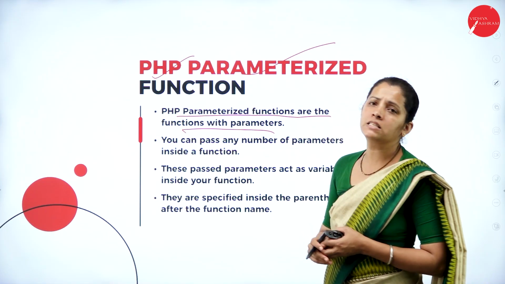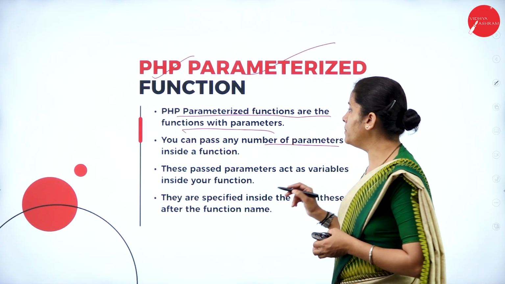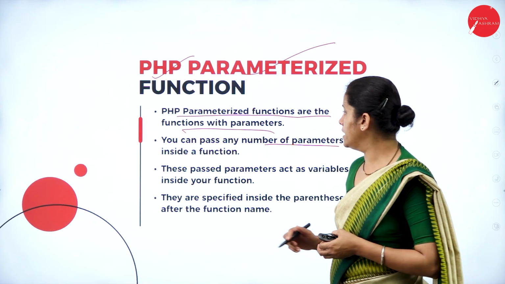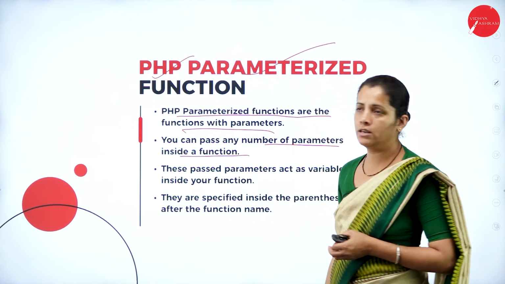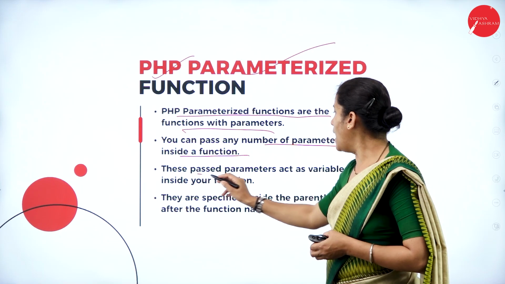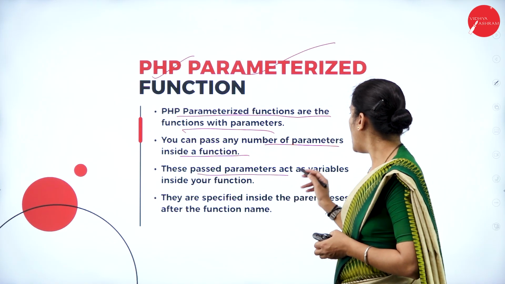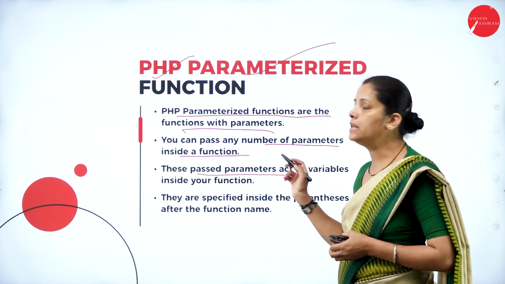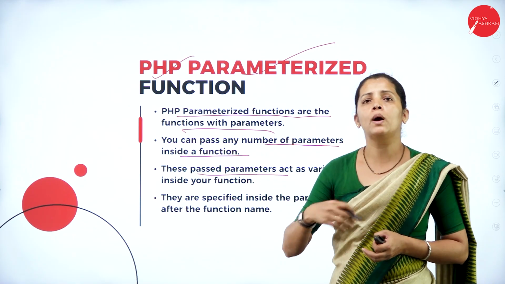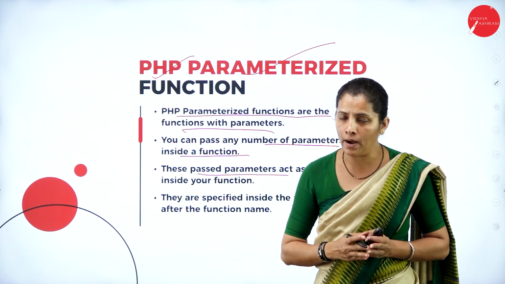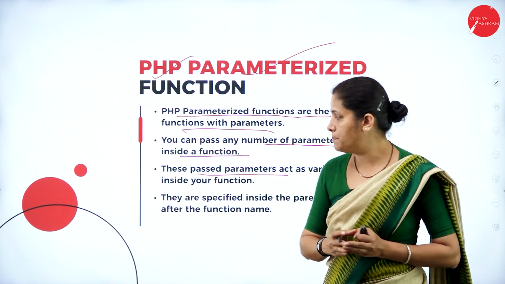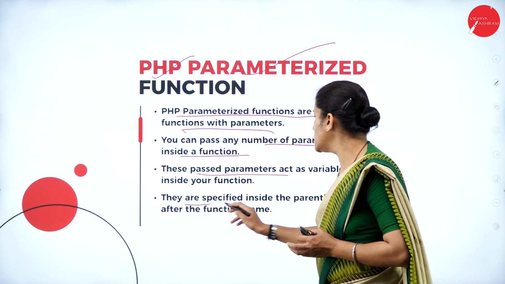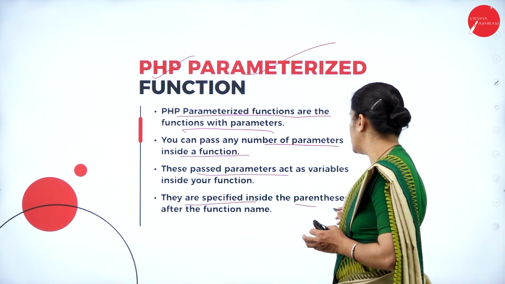You can pass any number of arguments or parameters inside a function. These passed parameters act as variables inside the function. So whatever parameter I pass is nothing but a variable. They are specified inside the parentheses.